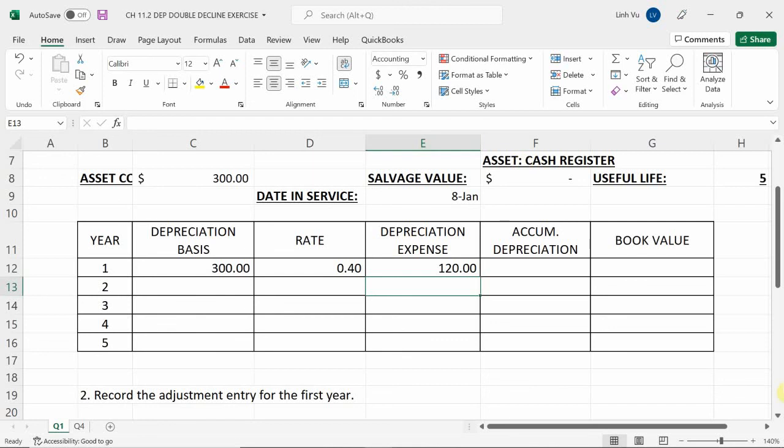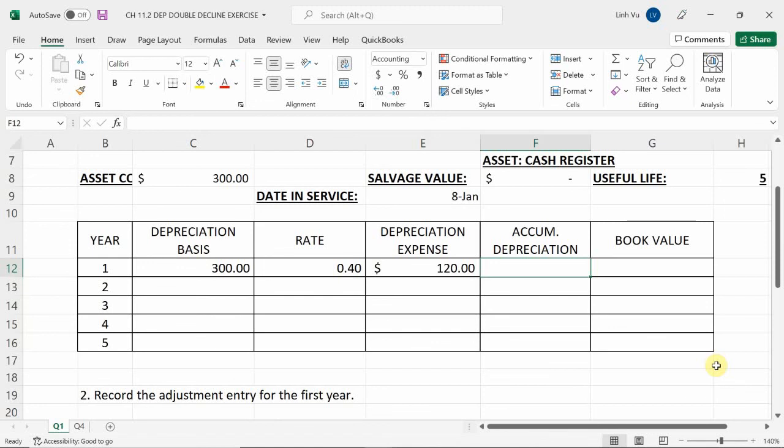So therefore, what's my accumulated depreciation for the first year? $180.